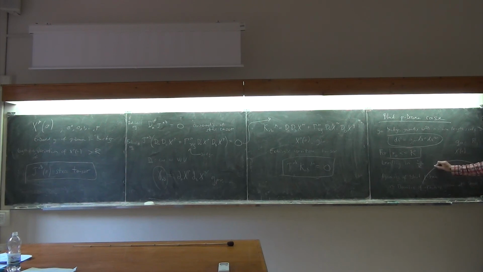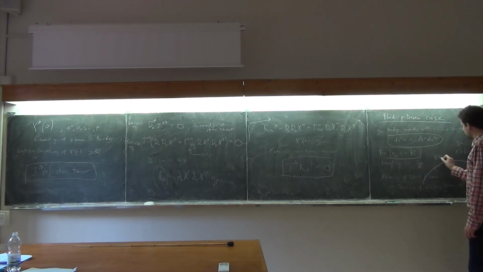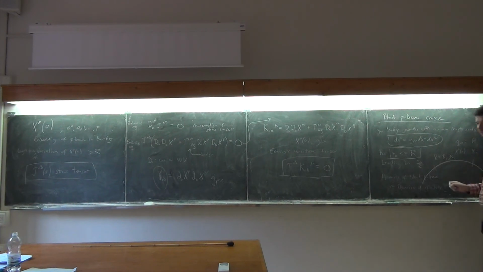And then there's some typical length scale of the base of the curve, right? Like, for example, the radius of a circle, right?